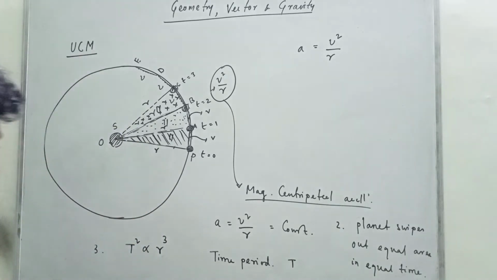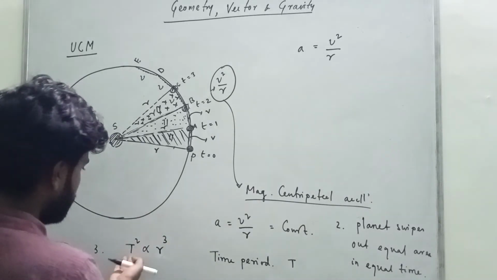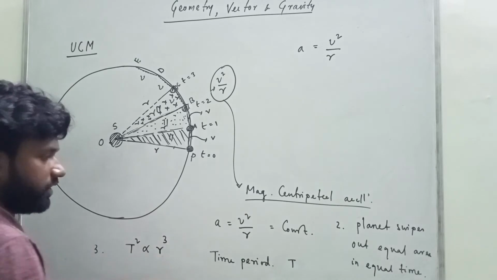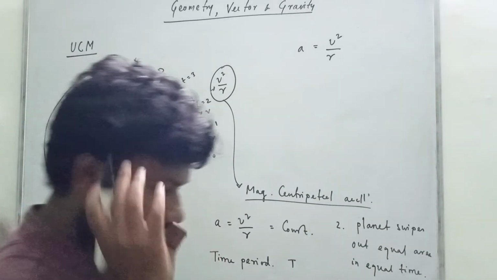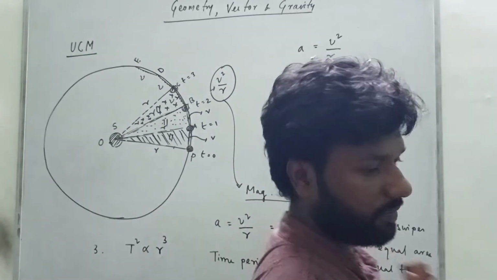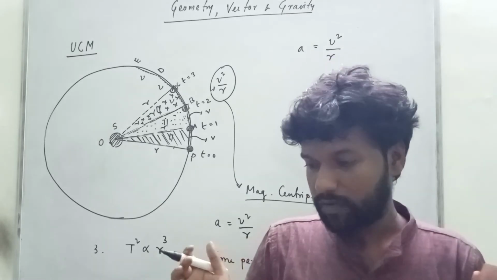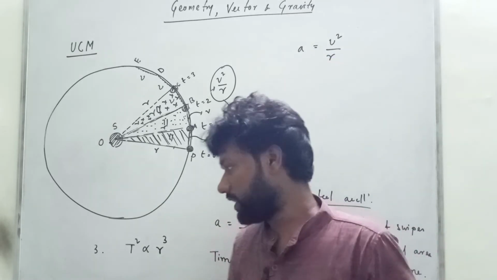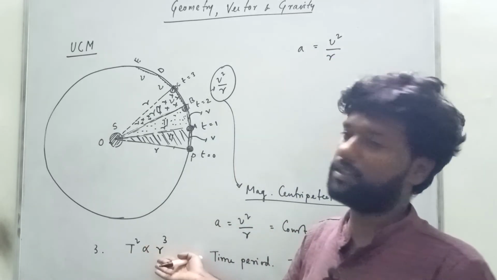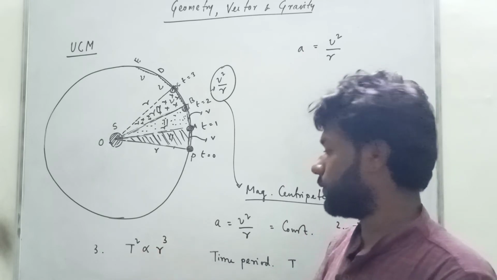Don't think it is our own observation; from the 1,000 years of astronomical data, Kepler suggested this law, T squared proportional to r cubed.